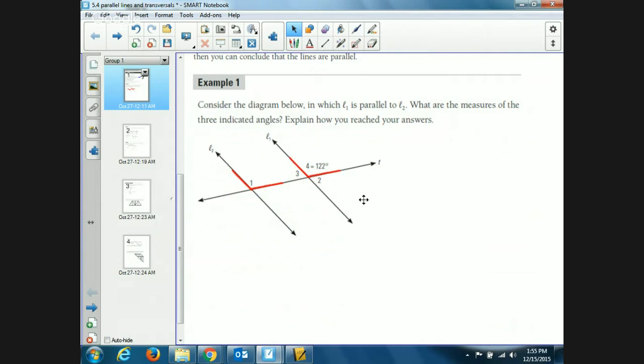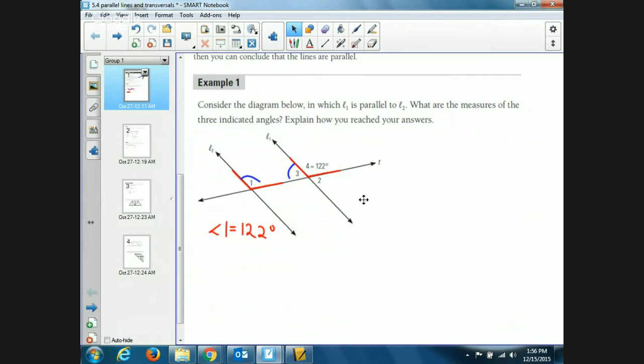So, angle 1 must also be 122. Why? Corresponding angles. Now, interior angles 1 and 3 must add up to 180.